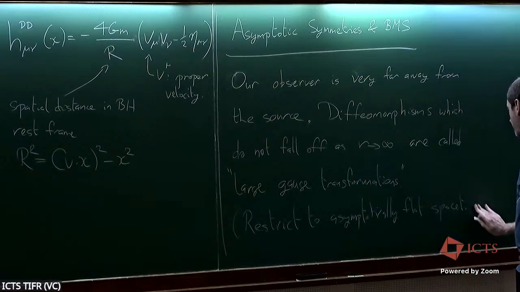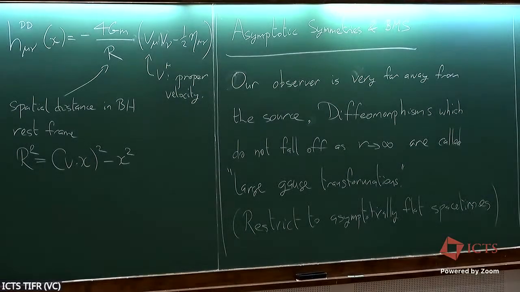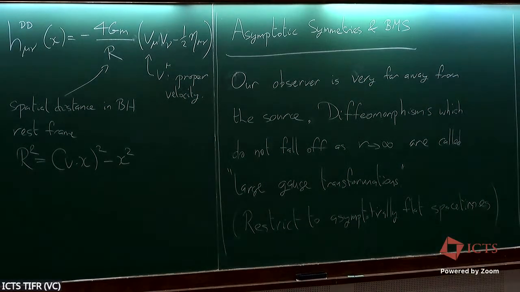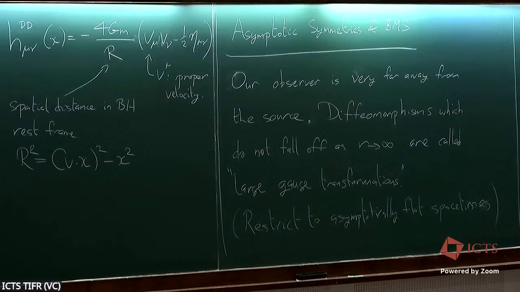The curvature in the middle of space-time can be whatever it wants. It can be large, but so long as at very large distances the space-time looks like Minkowski space, then we're good to go. So you can always find coordinates.